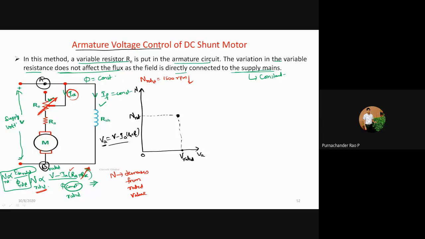Always the speed is at this point, and then you are varying the armature resistance, and therefore the speed gets reduced. So this will be like this. You can control the speed below this rated value always. You cannot control the speed of a motor above the rated value.